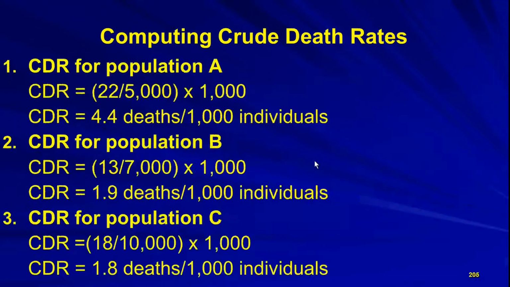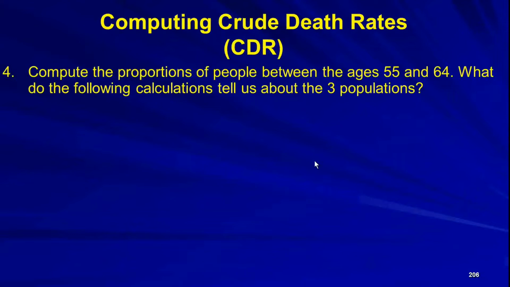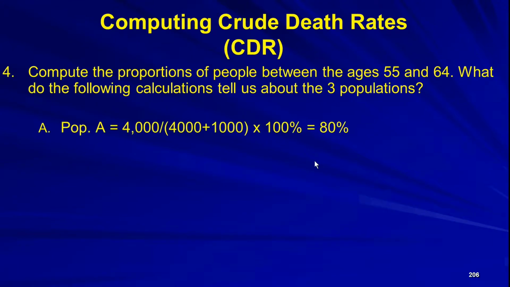Okay, well, what we would do, we would look at the age groups. We'd look at the specific data, and we might compute proportions of people between the ages of 55 and 64 for each of the three populations and see how they vary.